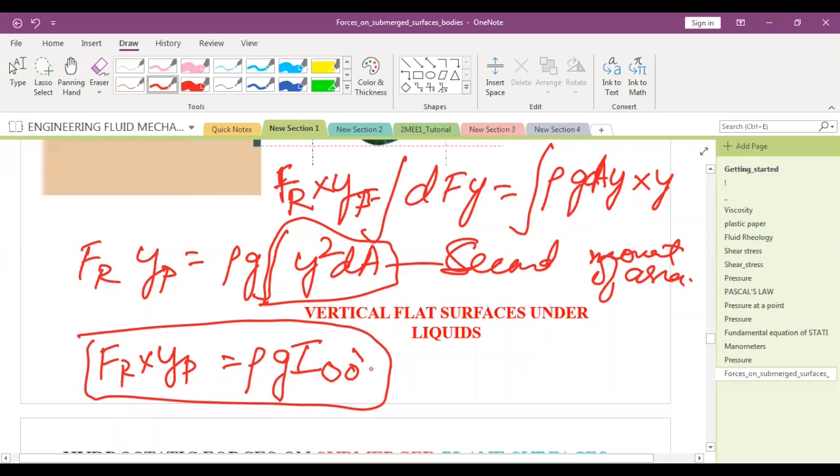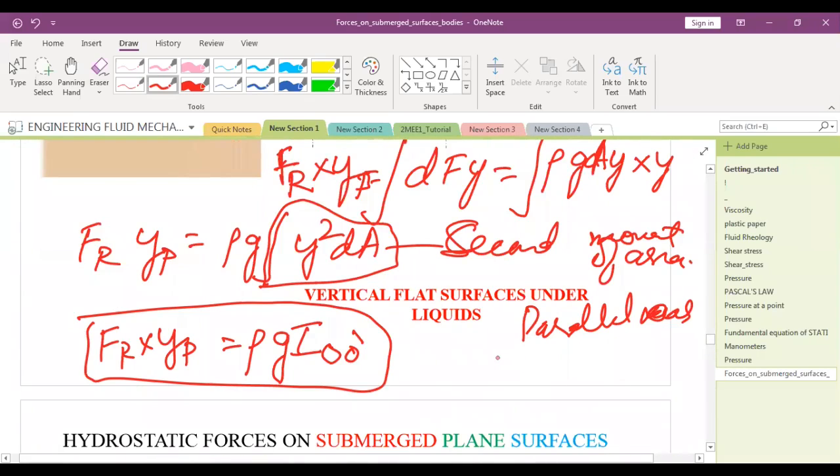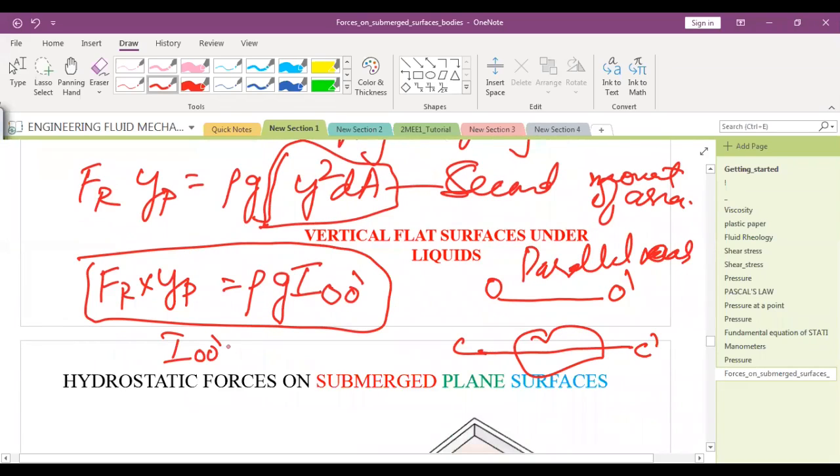But I want to make it a more convenient formula. तो मैं parallel axis theorem लगाऊंगा. And that states that if you know moment of inertia about any axis and you want to find out the moment of inertia about the centroidal axis, C dash, you know about O dash, and these axes are parallel to each other, then I O dash should be equal to I C dash plus A yc square, where yc is this distance.